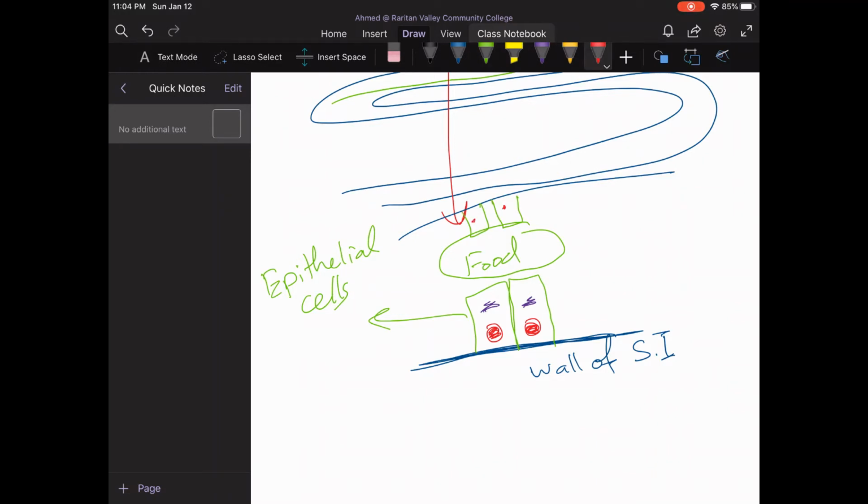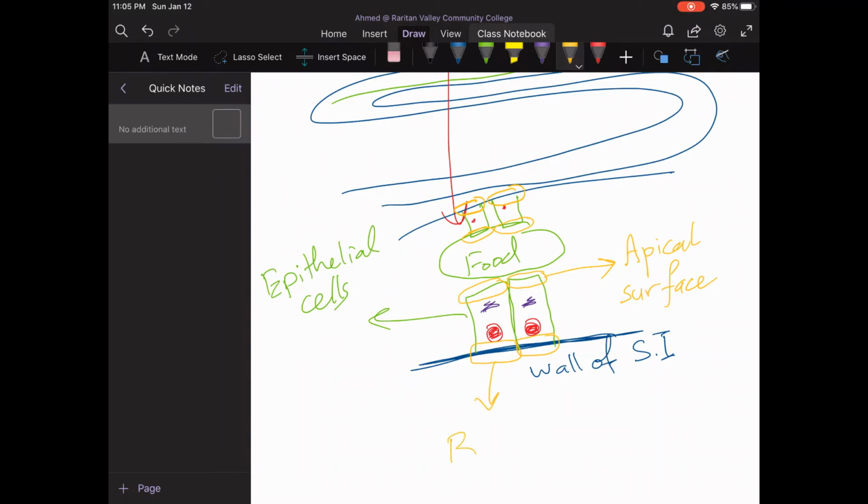So you can see here that there are two surfaces. One surface of the cell is facing the food, and this surface is usually called the apical surface. And then there is another surface, which is this one, the attachment of the cell to the wall of the small intestine.